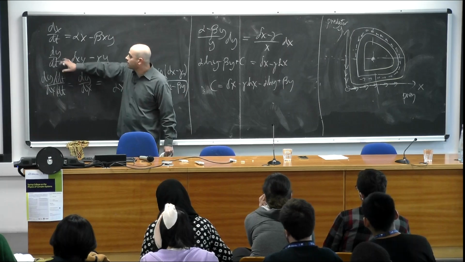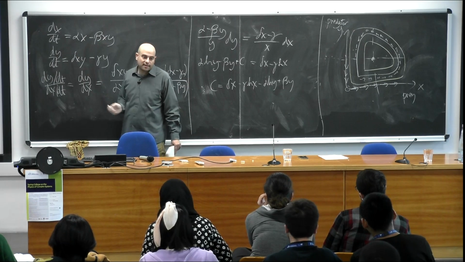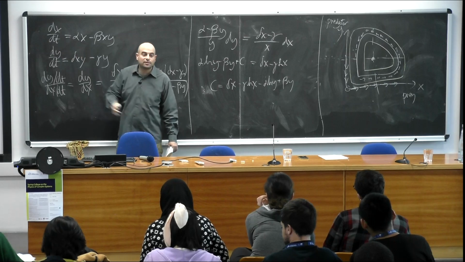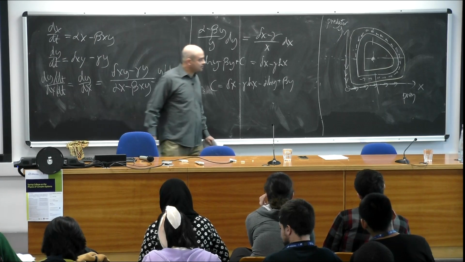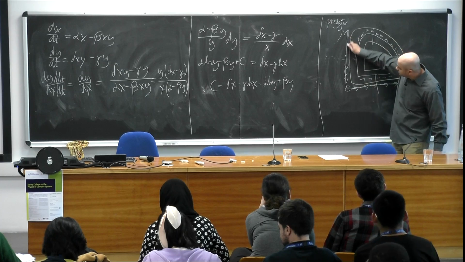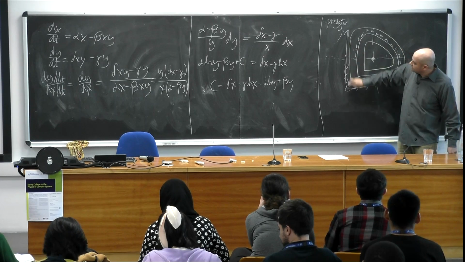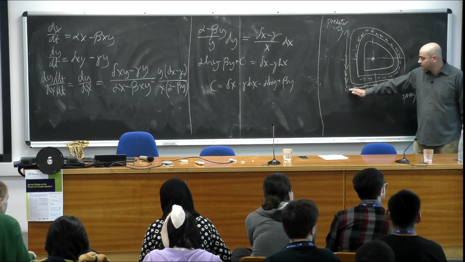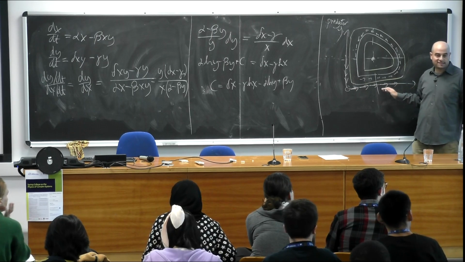If y equals 0 and x is epsilon, then x will explode. It would flow like this. So we don't have a problem with the self-limitation of the predator, but we do have a problem with the self-limitation of the prey.